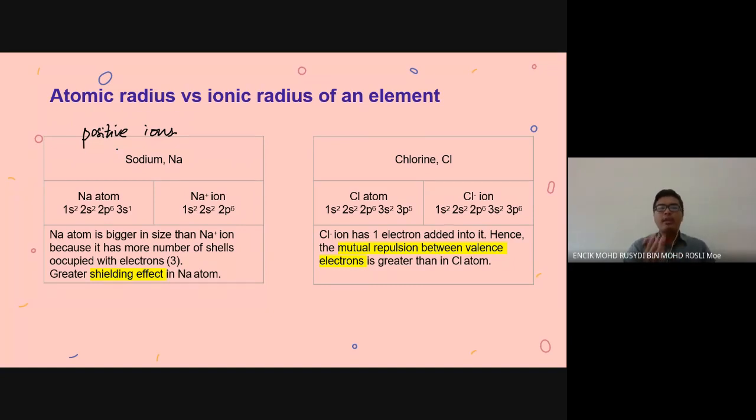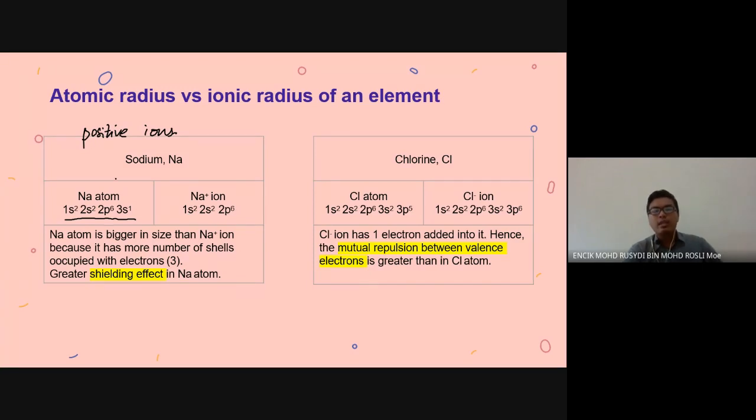So for sodium atom, kita ada dia punya electronic configuration, 1s2, 2s2, 2p6, 3s2. But then, when it becomes sodium ion, it remove one of the electron from 3s orbital. So now dia cuma ada 1s2, 2s2, 2p6. Okay.